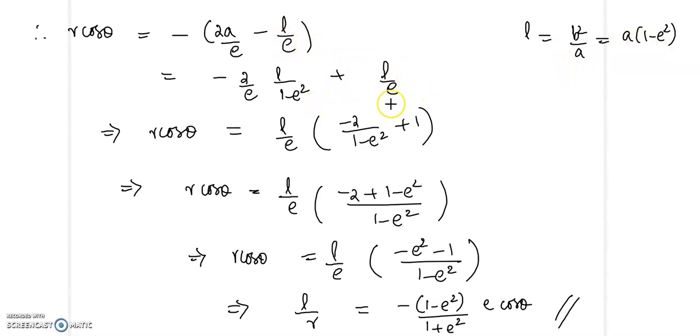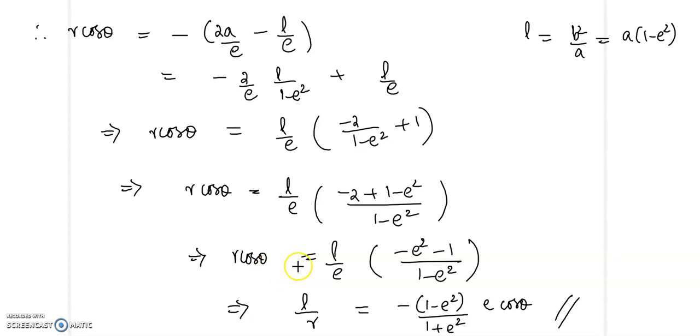Then the next term is L by e. Now take L by e outside. So remaining we will have minus 2 by 1 minus e square plus 1. Upon taking the common denominator, we will get r cos theta equal to L by e into minus 2 plus 1 minus e square, whole divided by 1 minus e square. Here minus 1 will cancel off. So we will get minus 1 minus e square by 1 minus e square.